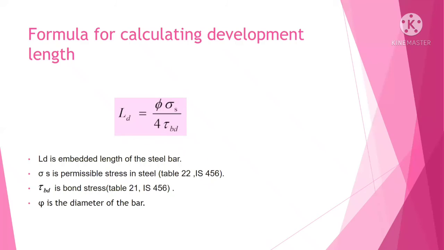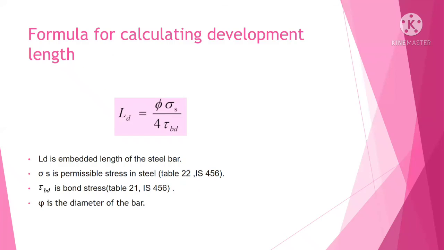Sigma S is the permissible stress in steel, which is given in table 22 of IS 456, annexure B. Tau BD is the bond stress, which depends upon the grade of concrete, that is, the compressive strength of concrete. Phi is the diameter of the bar you are using. That's how you have to calculate these parameters.